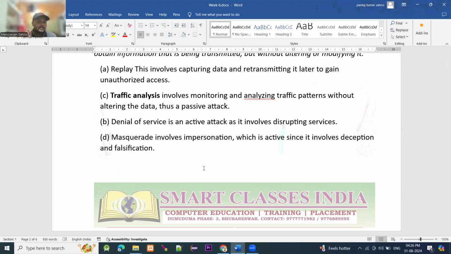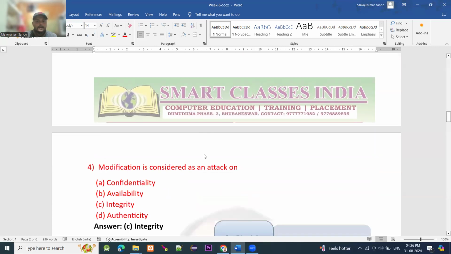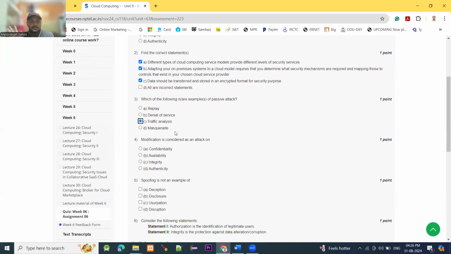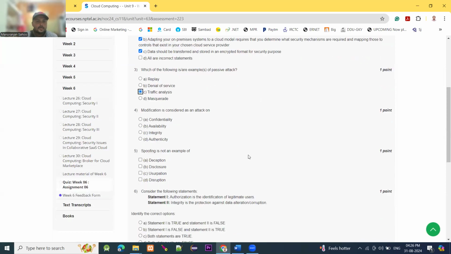And the last one, masquerade, involves impersonation, which is active since it involves distortion and falsification. So here we find that traffic analysis is the only passive attack. Moving to question number 4.